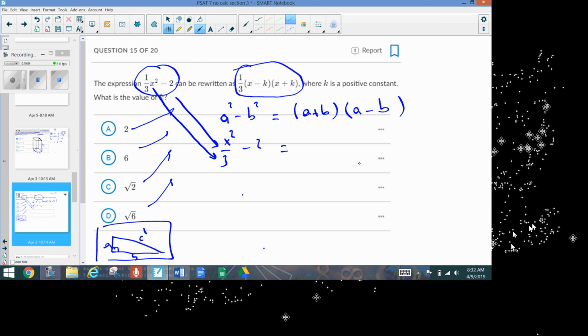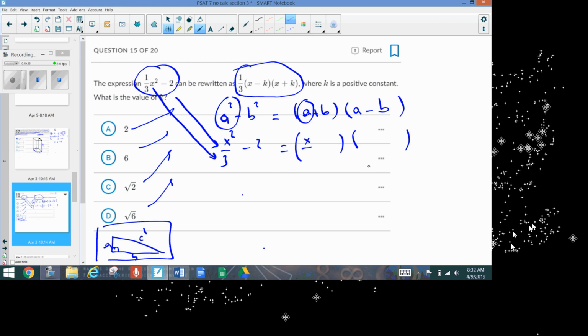Let's apply the formula. The first term was x squared, so the second is going to be x over root 3. We're taking the square root of it, since the formula tells me to.